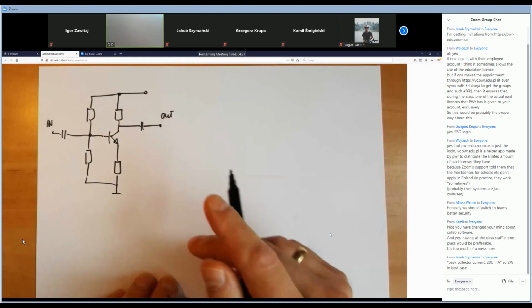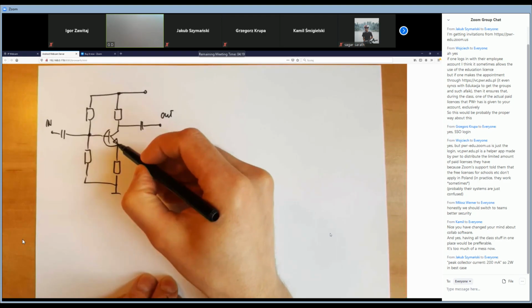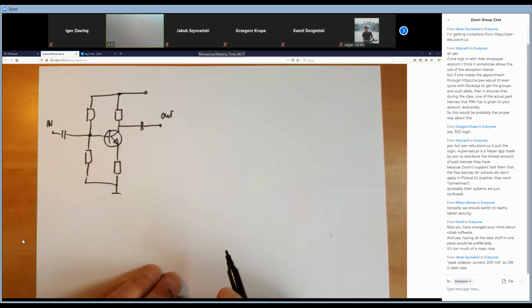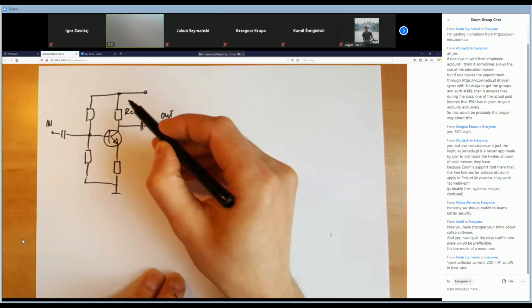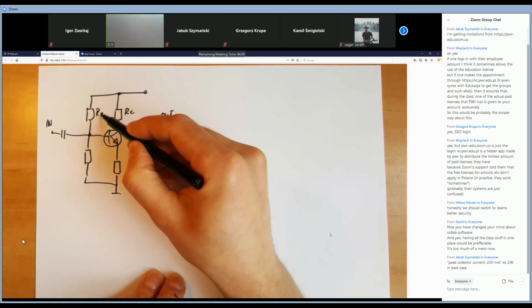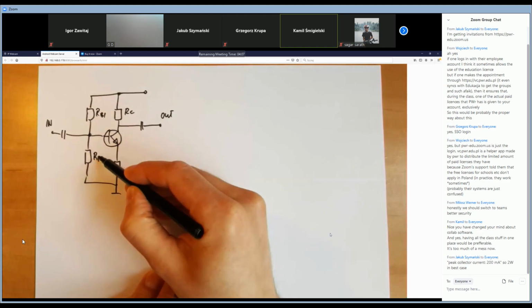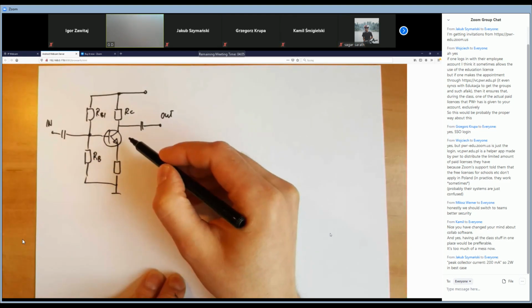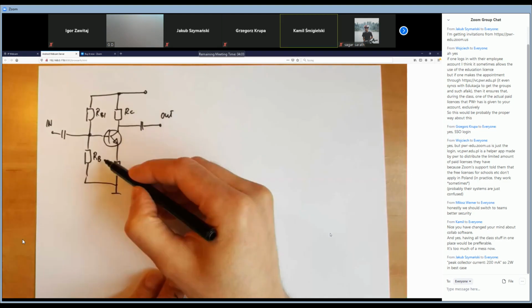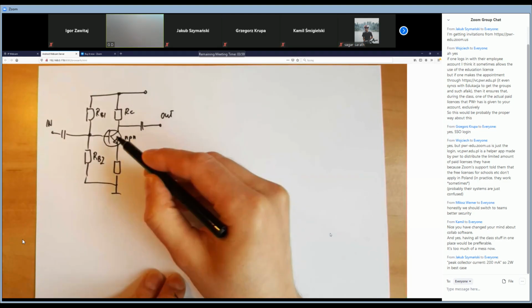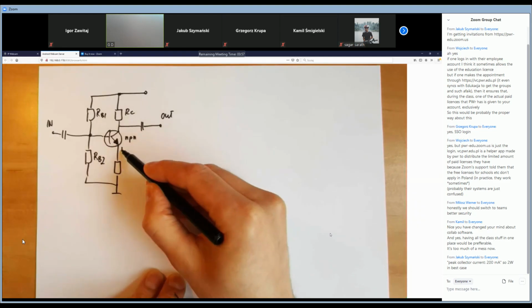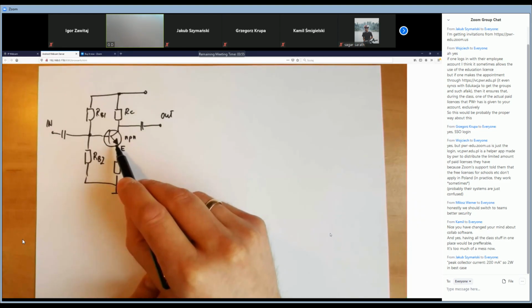Okay, as you see, what type of transistor do we have here? Please tell me. For example, Camille. It's the NPN one. NPN, yes. The previous one was PNP. Yes, NPN transistor, of course. Why? Because in the symbol, the arrow is leaving the emitter.